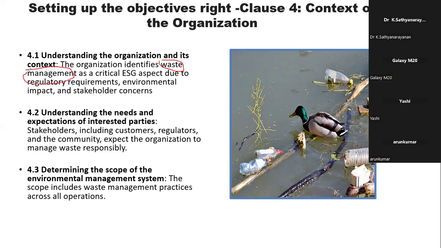Next, in subclause 4.2, I'm going to understand the interested parties with respect to this waste management. First, I identify the issues in 4.1; next, in 4.2, I take a very deep look at who the interested parties for this waste management are: pollution control board, neighboring industry, my customers, my competitors.